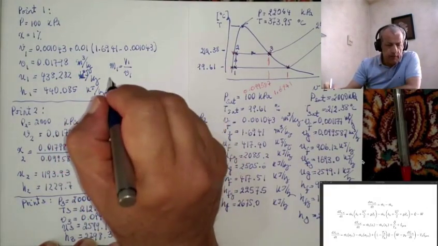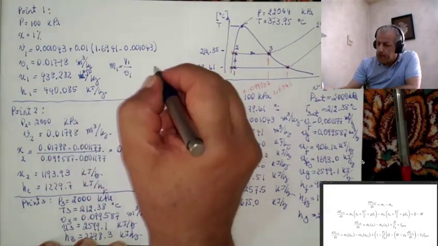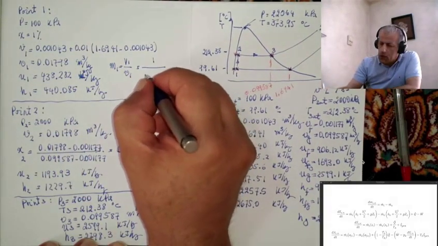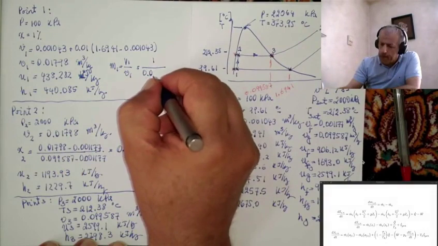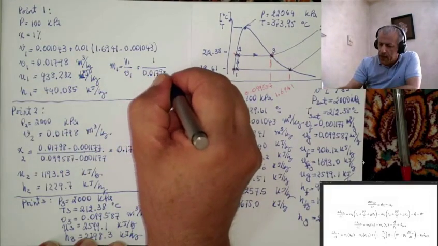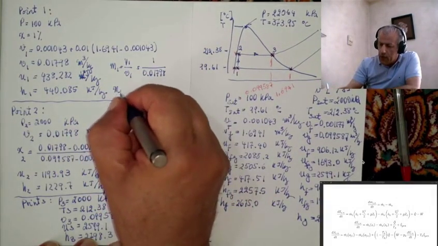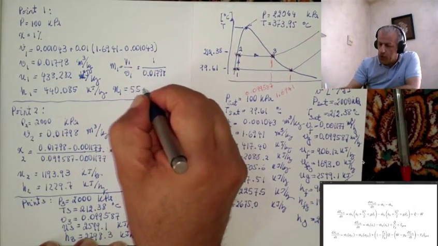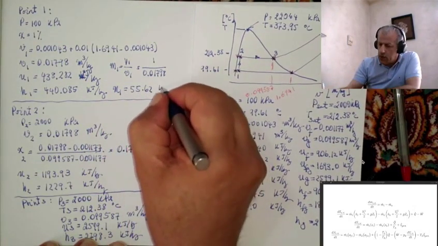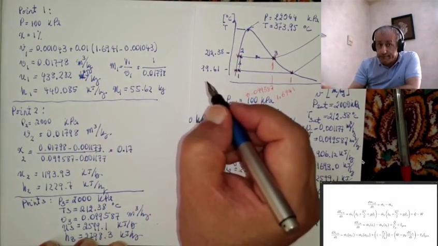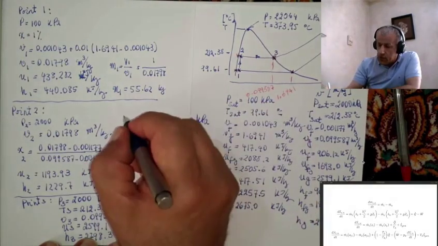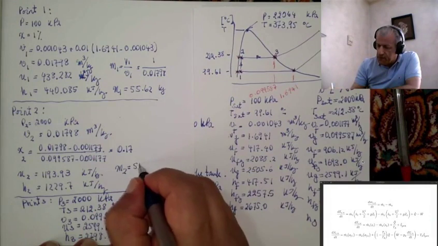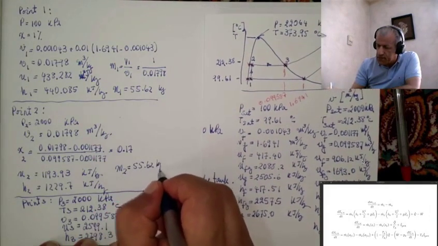If we put numbers to it, it is 1 over 0.01798, and therefore m1 would be 55.62 kilograms. m2 is also the same, 55.62 kilograms.